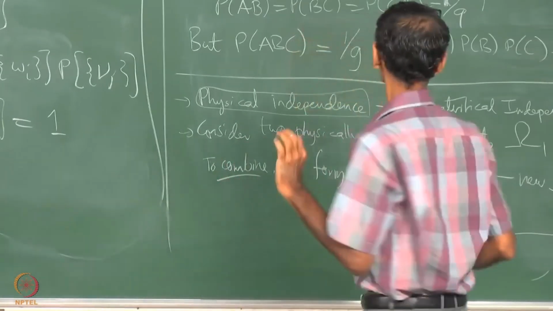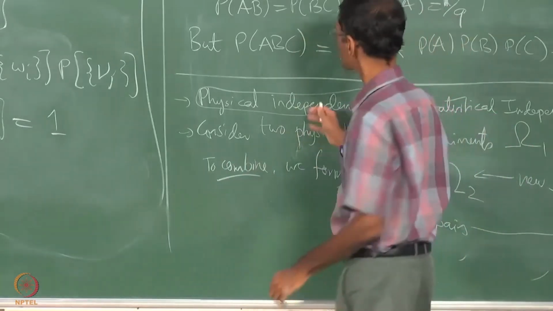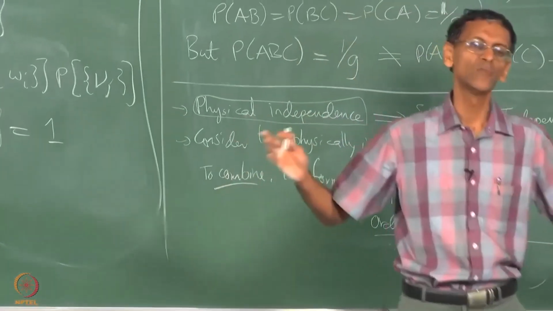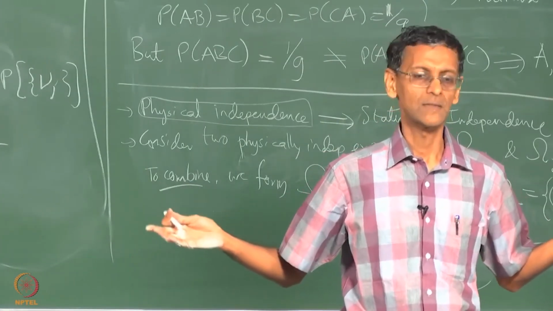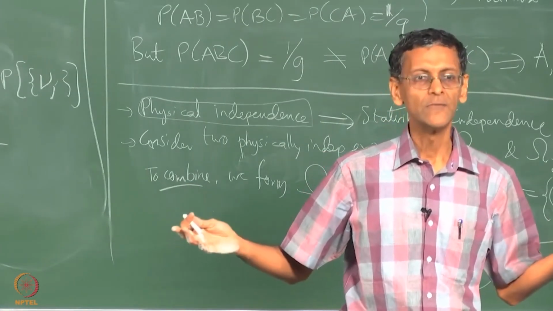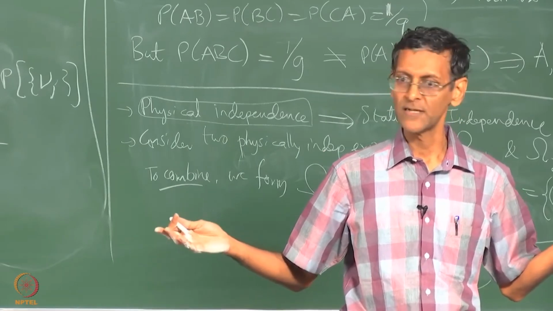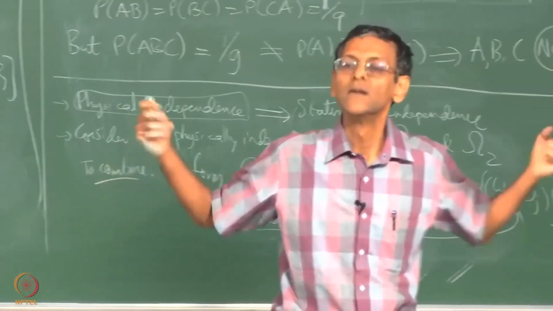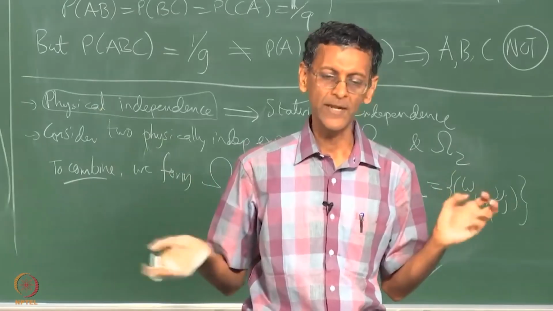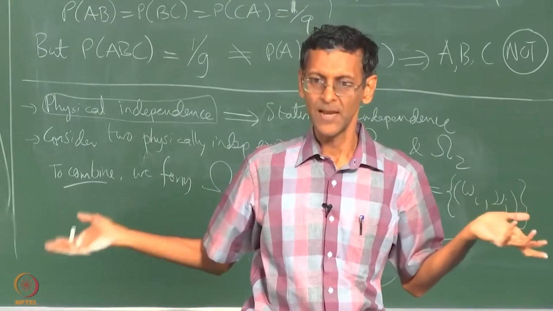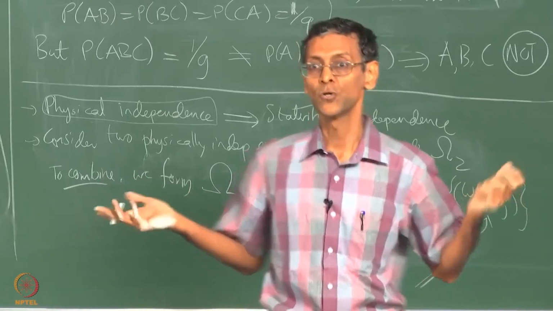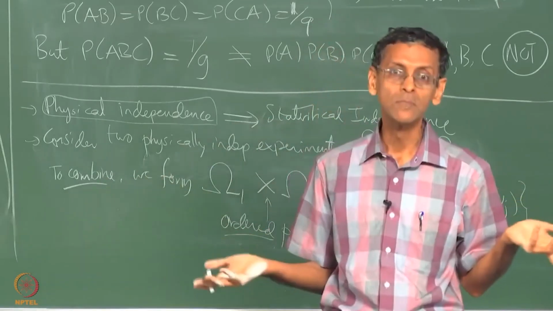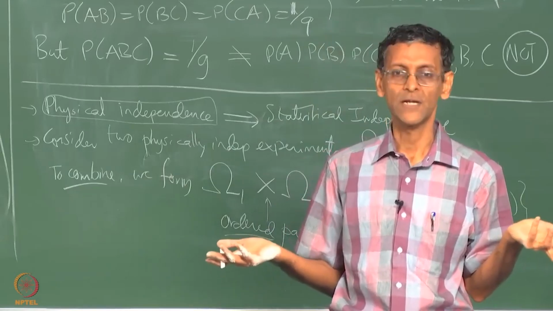So this will come up throughout the course. We can always assume that we have any number of physically independent experiments going on. There is no shortage of random number generators or spinning pointers and so on. After all, we are just hypothetically constructing them, so we can construct any n of them. So you can clearly combine more than 2 also. There is no reason why you should stop at 2.